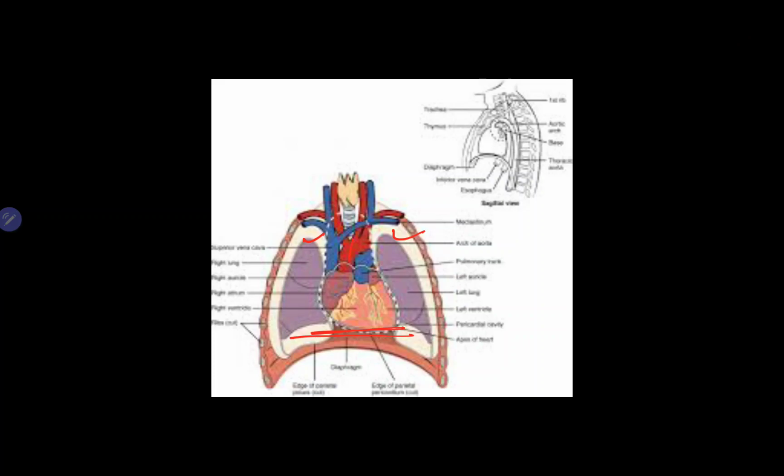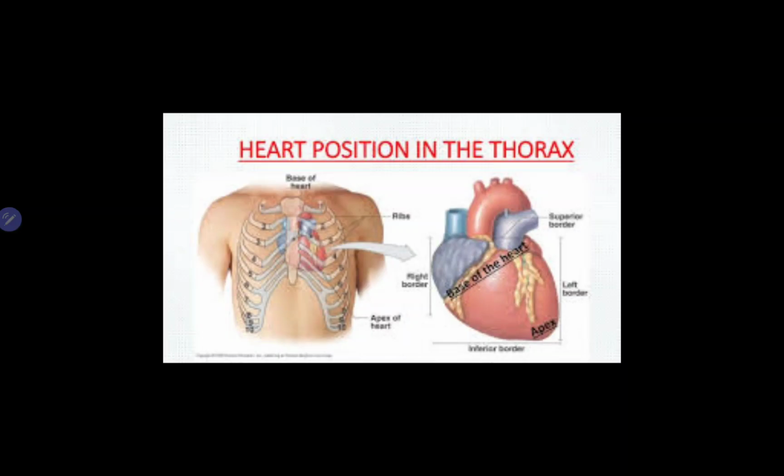Over here there is the sternum bone, which is the chest bone, and just behind it the heart is present, slightly tilted towards the left part of the body, like this. This is the rib cage, and this is the sternum bone, and behind it the heart is situated.